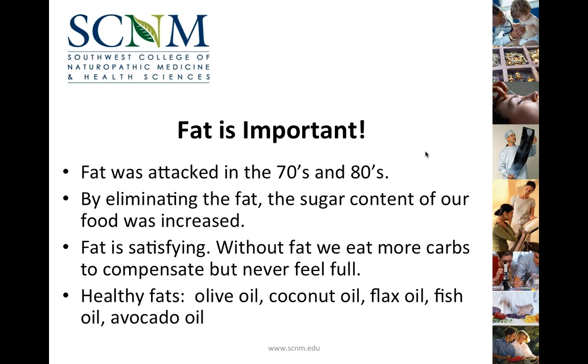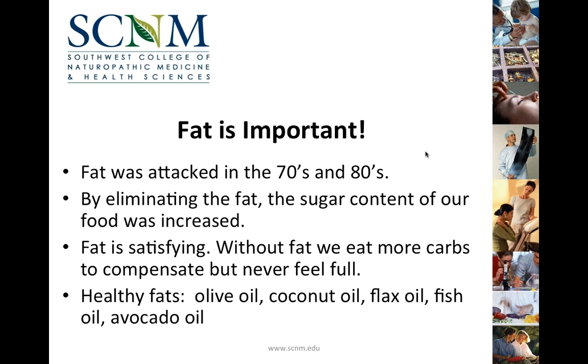What happened was the food industry started eliminating the fat because there was a war on fat and high cholesterol, and we thought fat caused cholesterol to be elevated. It's kind of like a teeter-totter. So then the sugar content of our food was increased, and this has been going on for the last 30 or 40 years. As we take the fat out, the sugar and the carbohydrates in the food increase.